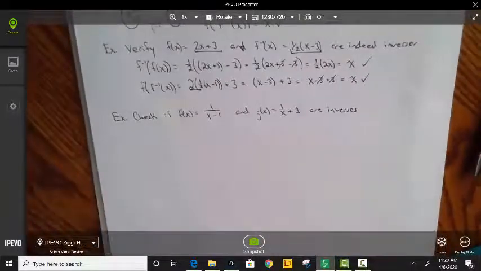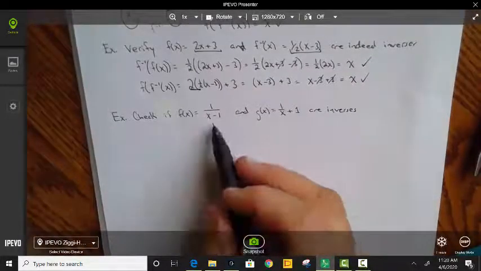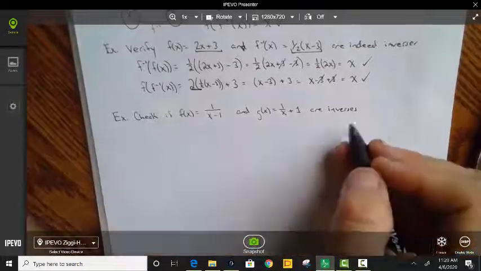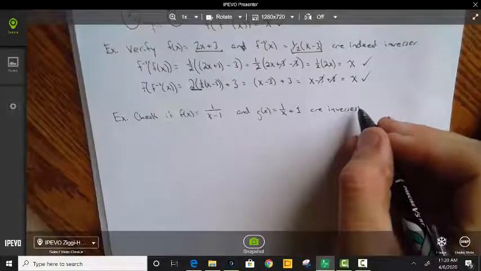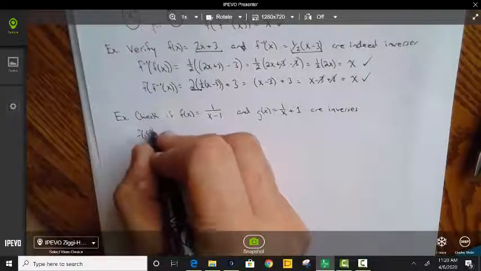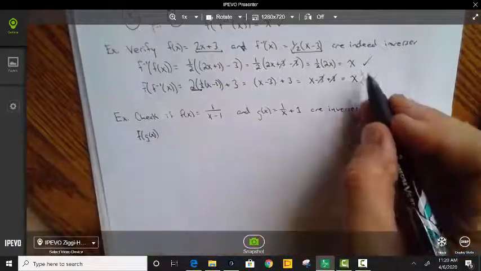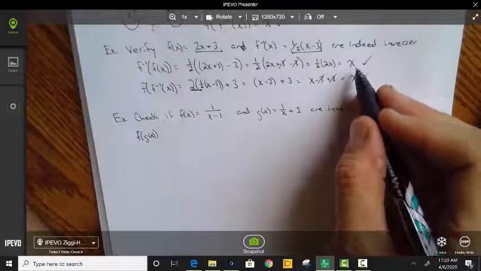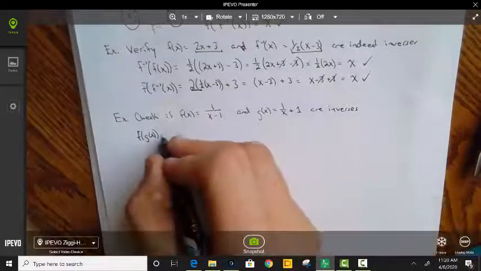Okay, so this one's not as easy as the one we just did above it, but this is saying check to see if they are inverses. So we need to check if f of g of x, if I plug the one function into the other, I get x, and if I plug the other function into the one, I get x. And if neither one of those happen, then that means that they're not inverses.